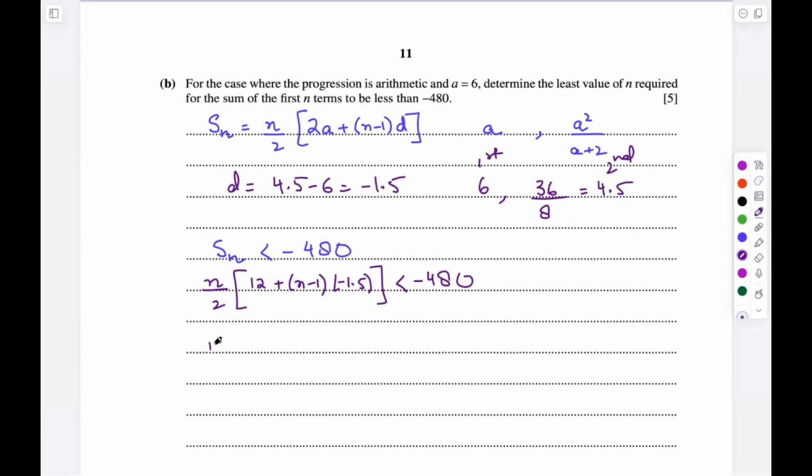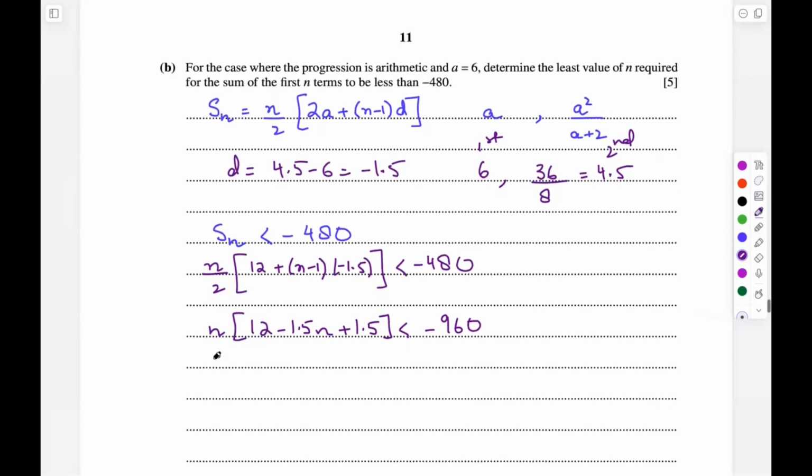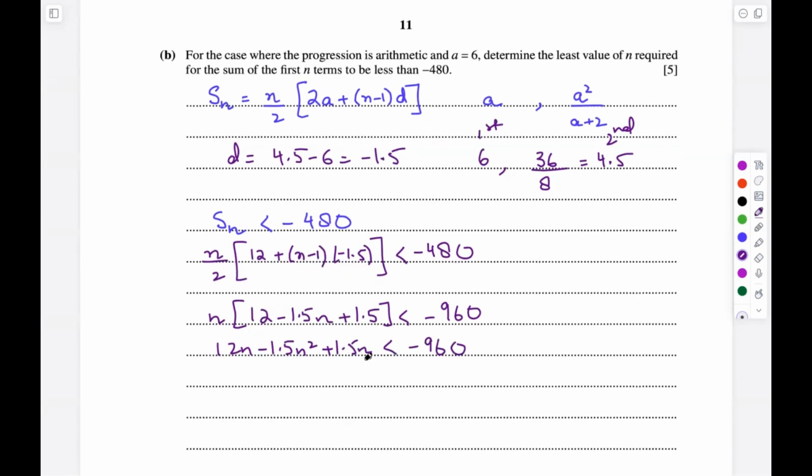Multiplying 2 on the other side, we get n into 12 minus 1.5 times n, minus 1.5n, and minus 1.5 into minus 1 will become plus 1.5, and minus 480 will multiply by 2. So minus 480 times 2 is equal to minus 960. Opening up the bracket, we get 12n minus 1.5n squared plus 1.5n is less than minus 960.